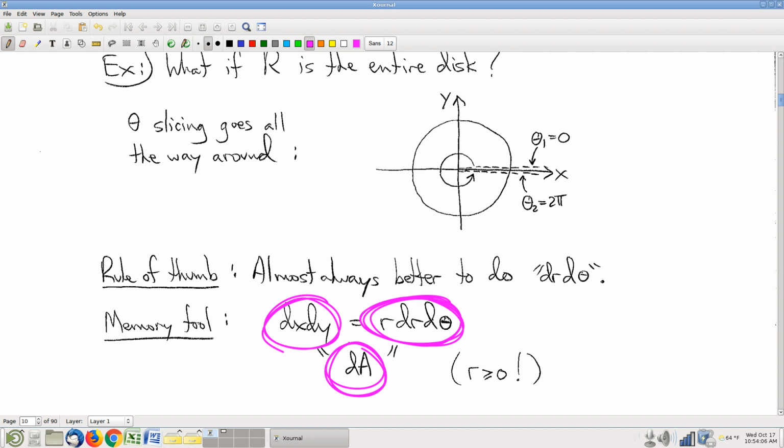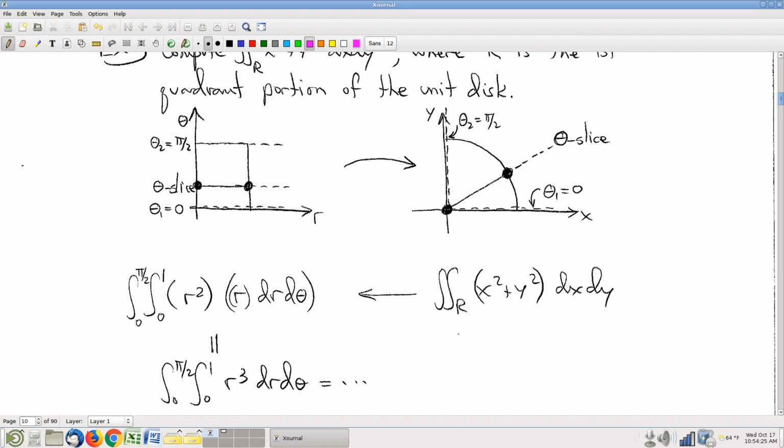So r dr d theta. Think of that as kind of like a single thing. My little personal memory tool, life hack, whatever you want to call it, for not forgetting to put the r in here is that when I write down my differentials for my polar coordinates, I always write the whole thing down at once. I try to never just write down dr d theta.